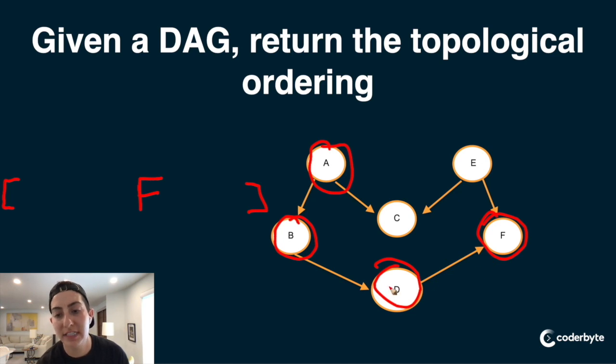We go back down to D, and we can add D. We can prepend it right here, and then we can go to B. Great. We backtrack back up to A. And what happens here is that we can't put A in before we put C in, because that would mean that C would be before A, and A points to C. So that's not legal. That's not valid.